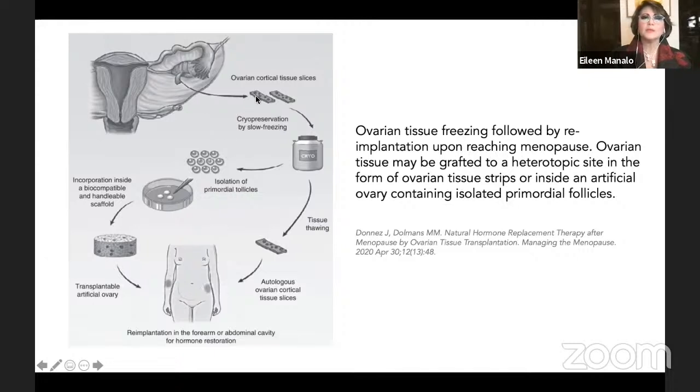At the same time that you're collecting ovarian tissue, you might also want to collect isolated primordial follicles and incorporate them in a biocompatible or handleable scaffold. In the process you create an artificial ovary, which can be reimplanted. That would be for fertility reasons.